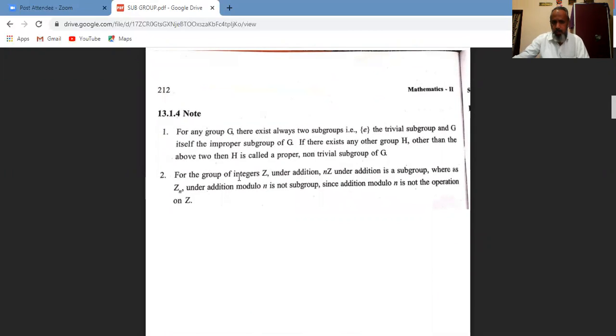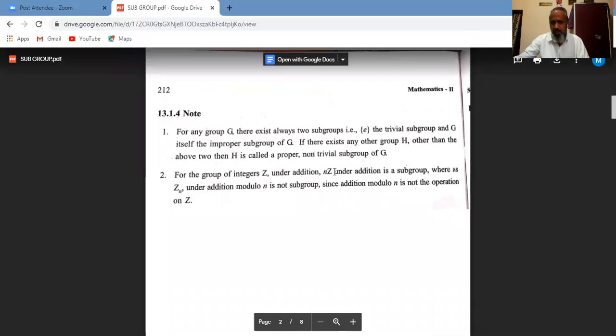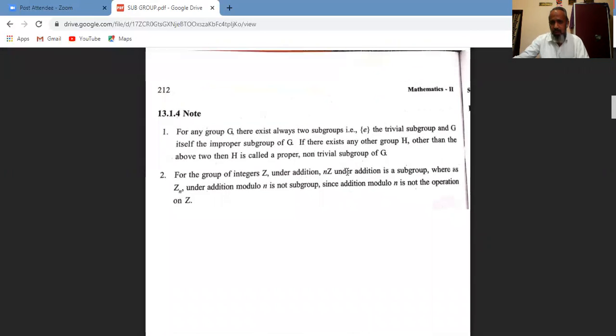For a group of integers under addition, so Z is a group of integers with respect to addition. nZ under addition is a subgroup. What is nZ? If you multiply the set of integers with n, where n is an integer, let us take n equal to 2, 2Z. 2Z is a subset of Z, and 2Z is a group with respect to addition, and Z is a group with respect to addition.